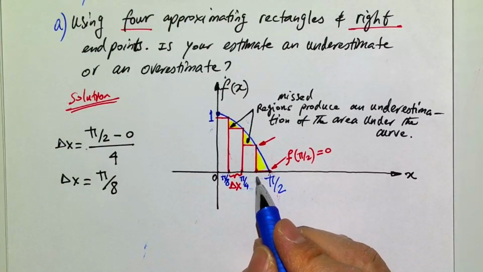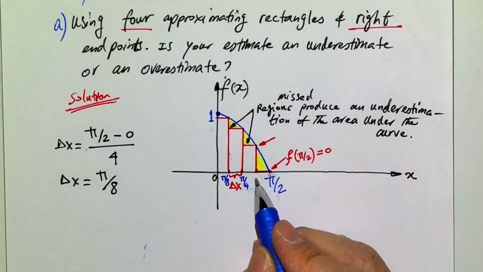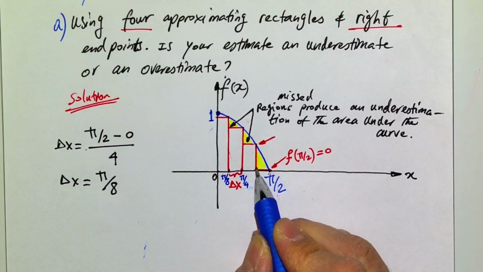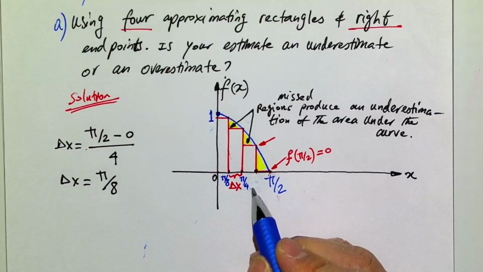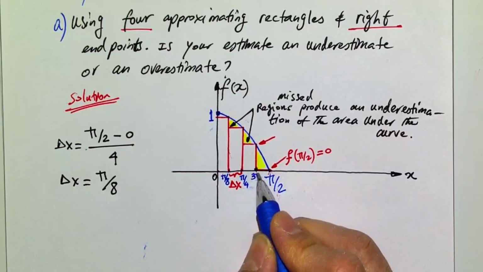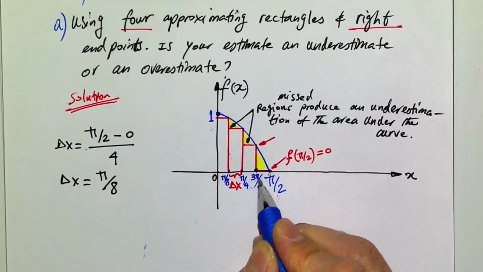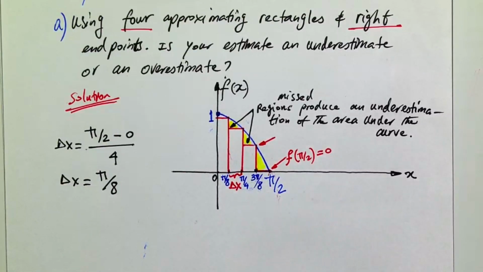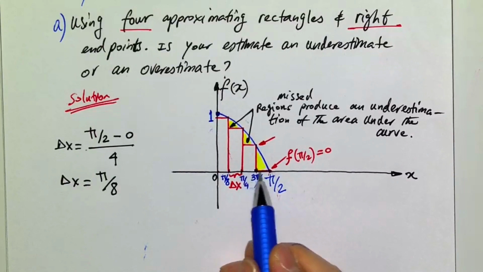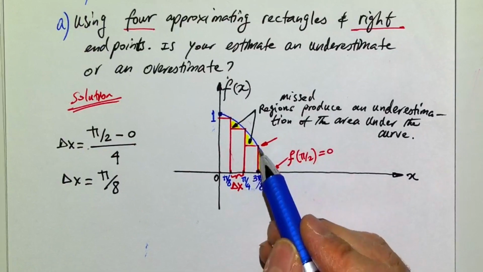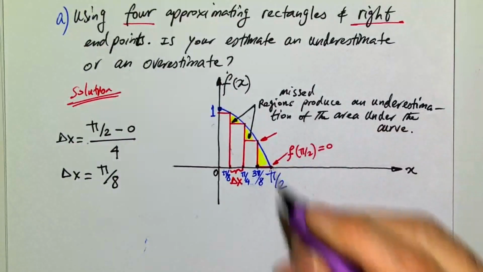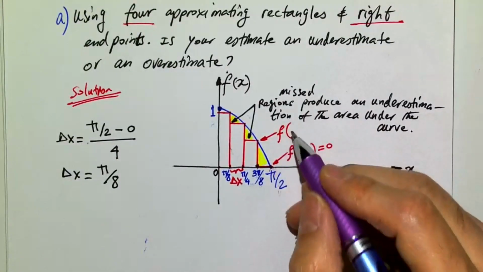This point will be pi over 4 plus another pi over 8. And in my notes, I have that. What did I get? I got 3 pi over 8, which is pi over 4 plus another pi over 8, which is the delta x. Okay? So the function value at this point is f at 3 pi over 8.